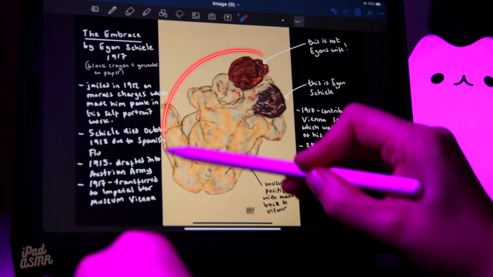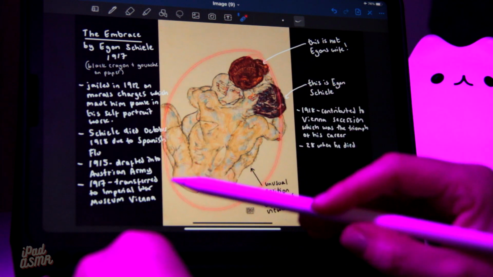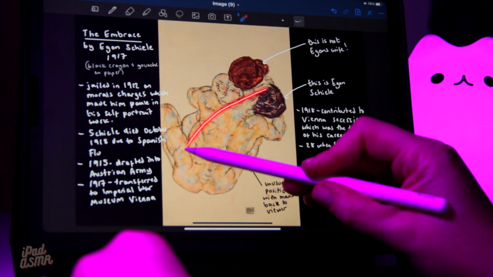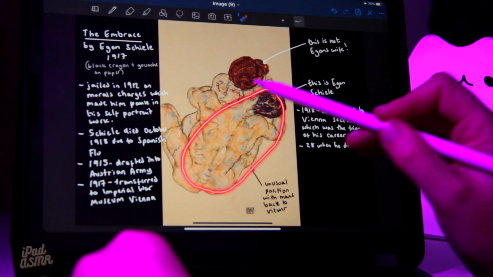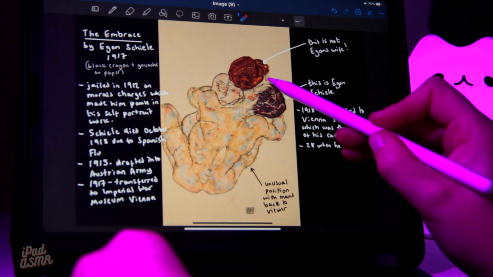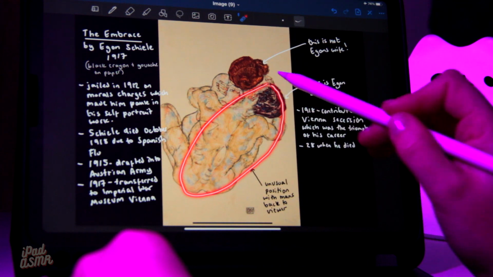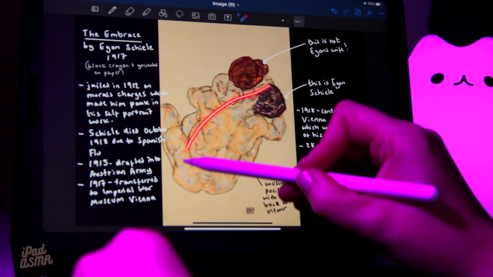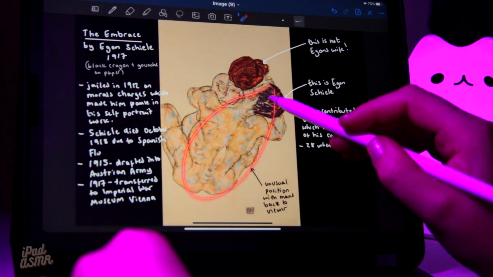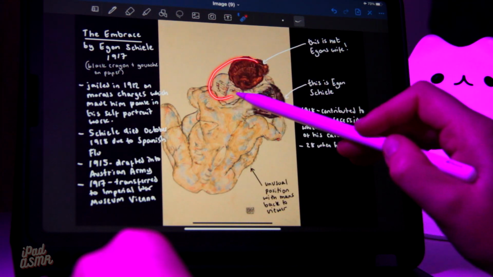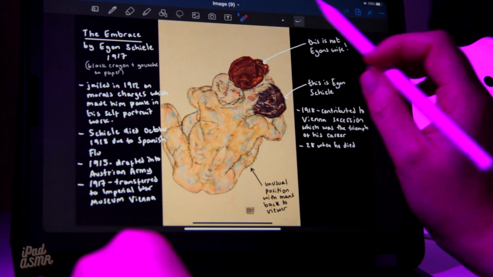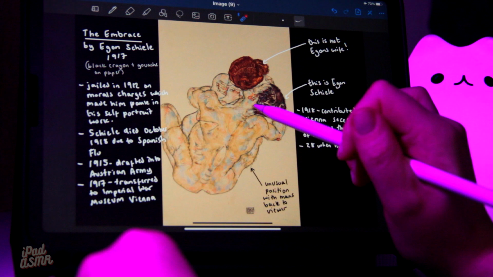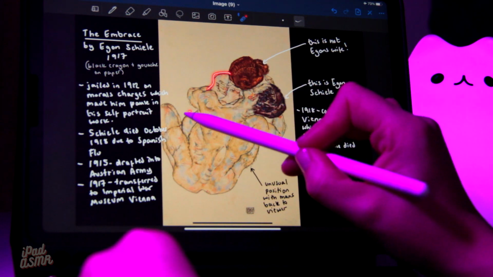It shows two people in a passionate embrace, but it shows an unusual position of the subject with their back to the viewer. It was modelled on Schiele himself, but this was not Egon's wife, because of the figure. It was known that his wife had a different figure.